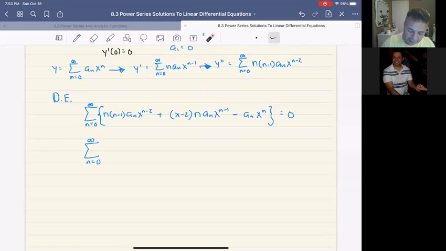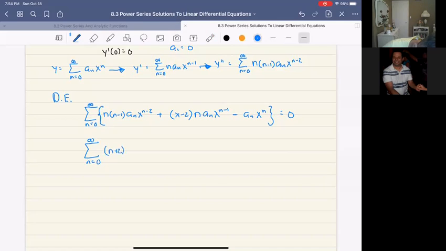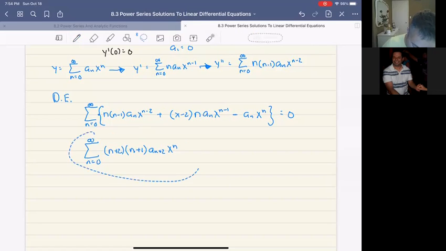Okay, so if I write this as x to the n, that means my first term should be here. That's going to be when n equals 2, right? So I'm going to need (n plus 2)(n plus 1) a sub n plus 2, x to the n.